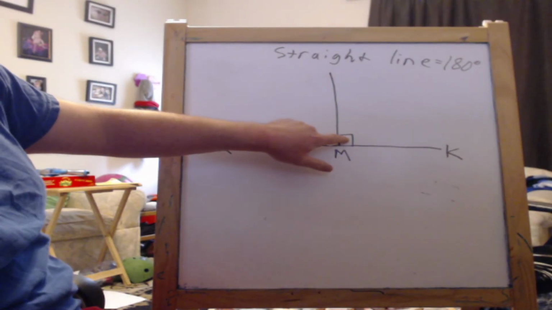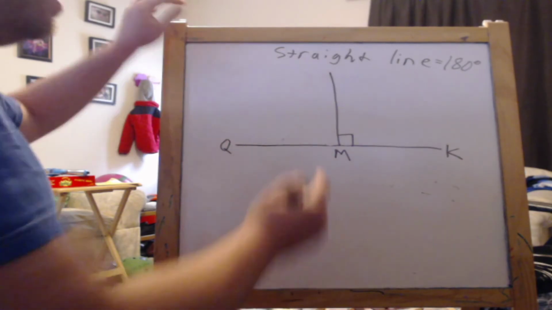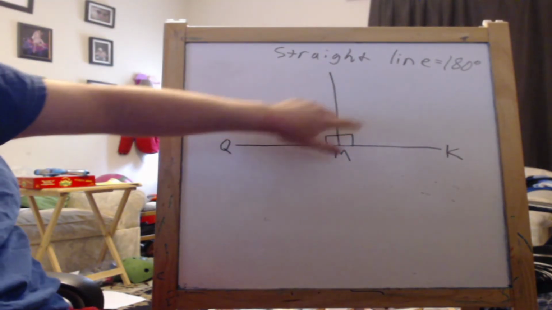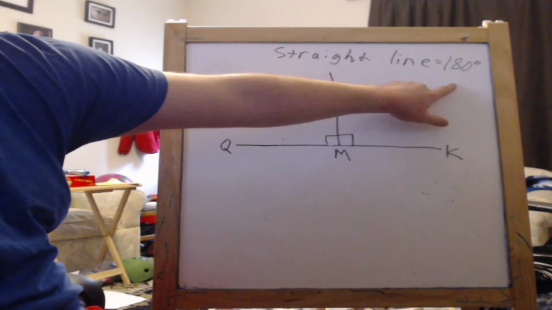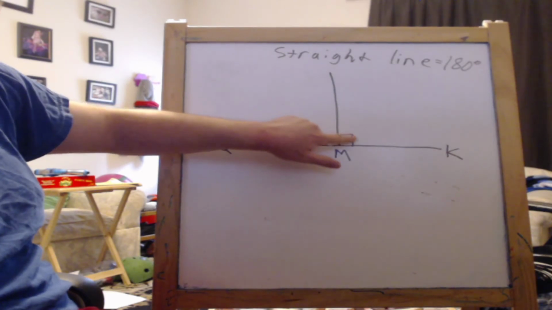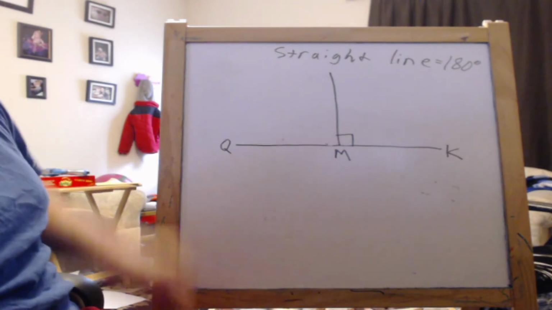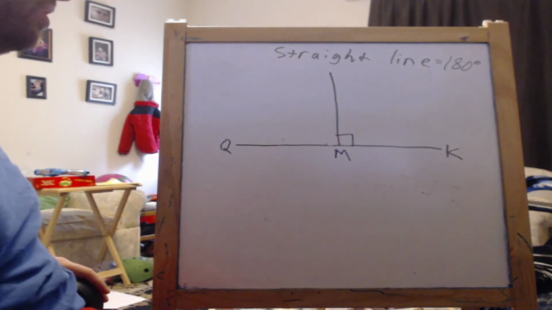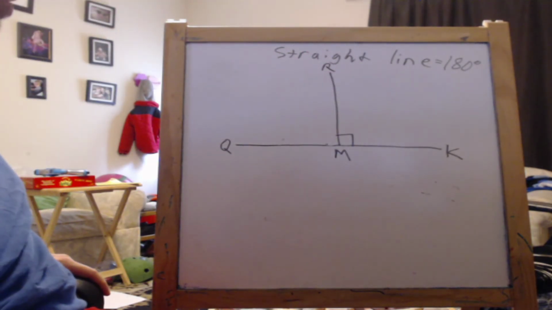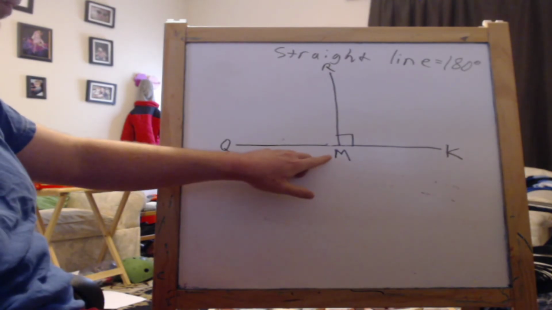And if this is 90 degrees, then this angle also has to be 90 degrees because they have to add up to 180. So if one side of it has this box right here, that means that it's a right angle, that it's 90 degrees.